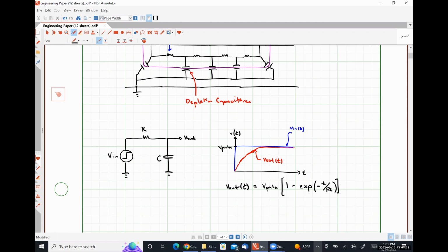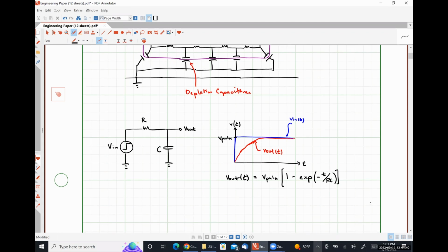We are going to define some specific parameters here. Okay. So the first one that we are going to define is the delay time.